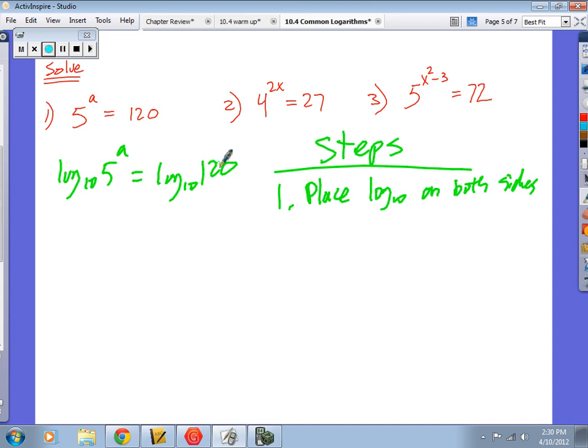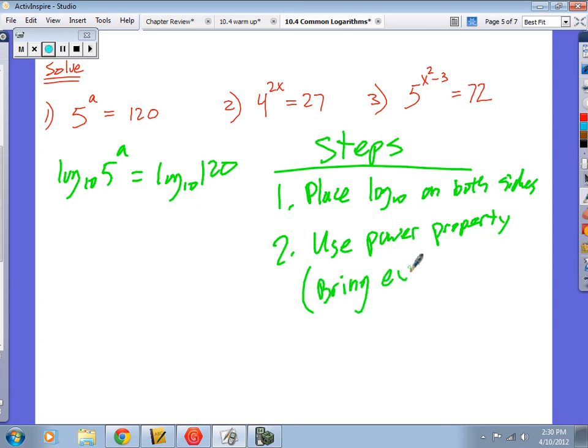So you put the a in front of the log. Now step 2, what's your next move? You're going to use the power property, or do what Osvaldo says, bring the exponent out front.